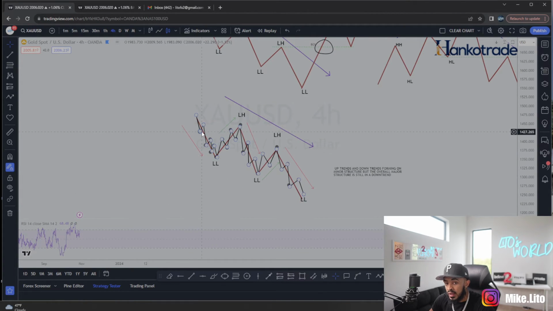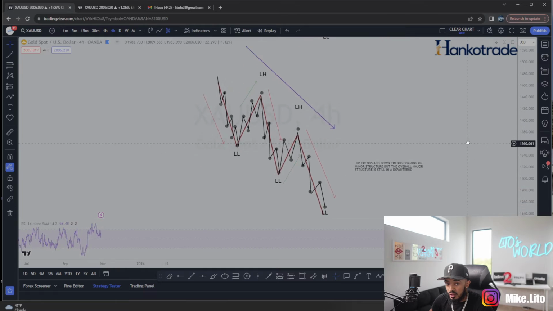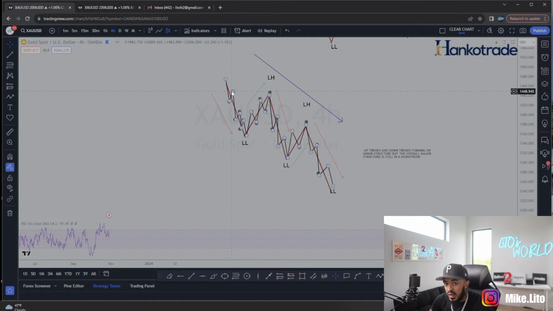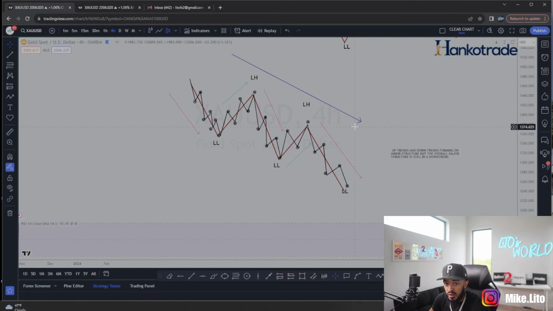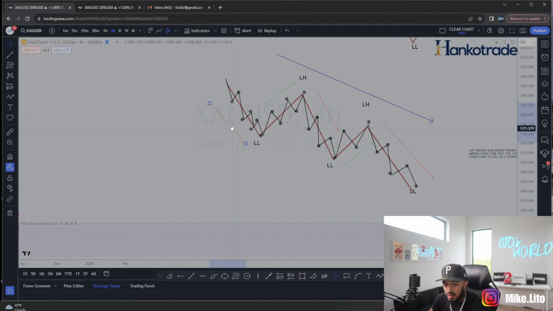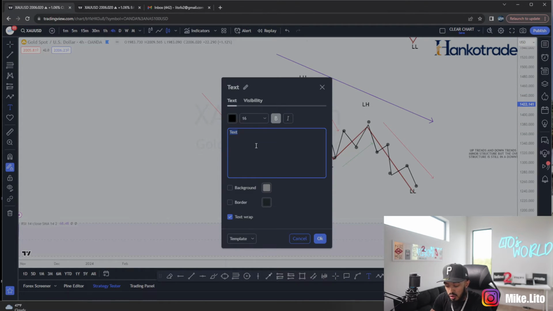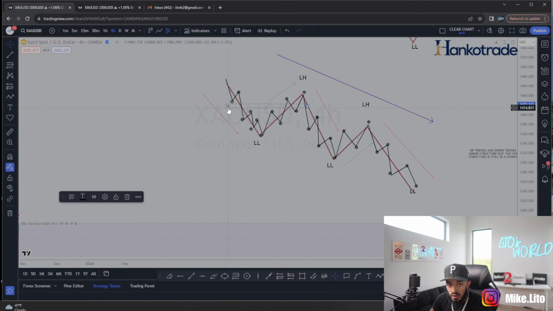But now the black lines that we have here are the minor structure, so we would just equate this as our 1-hour structure here. Wherever I have a dot, that will be either a lower low, a lower high, a high or a higher low, depending on if the market is going up or down. So here during this red phase, which is this arrow right here, we're forming a series of lower lows, and I'm going to make this smaller so you can see it.